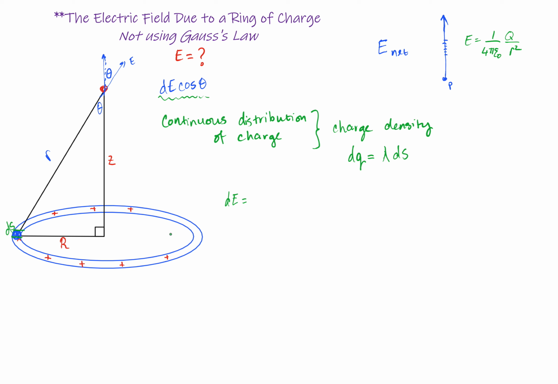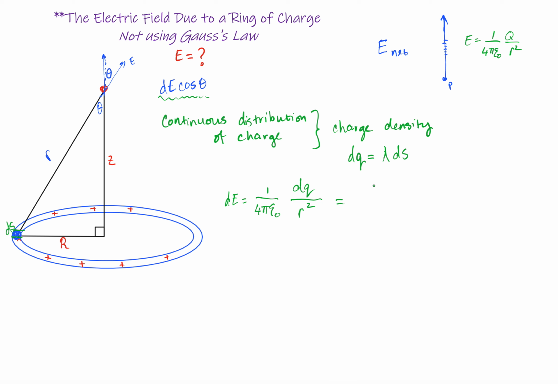Now, because we're writing it as this differential of the electric field, I'm going to write 1 over 4 pi epsilon naught, and instead of q, I'm going to put dq, because I'm not doing the full total charge, just that little piece, and I'm going to put it over r squared, because it still is the distance r away. Now I'm going to substitute this lambda ds in for dq.